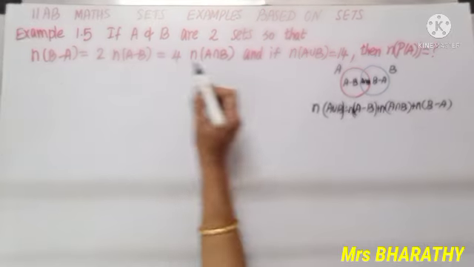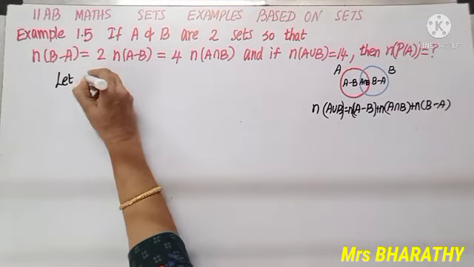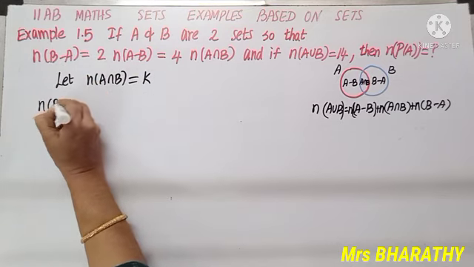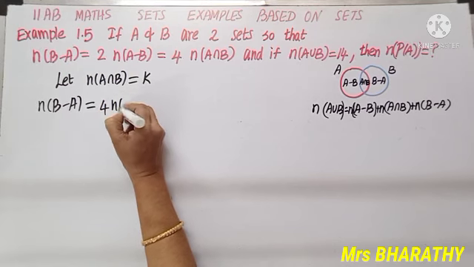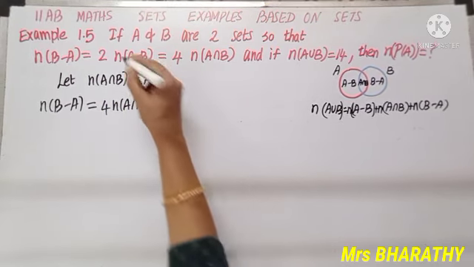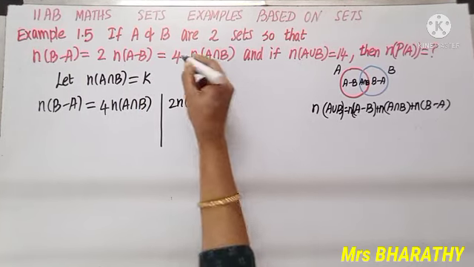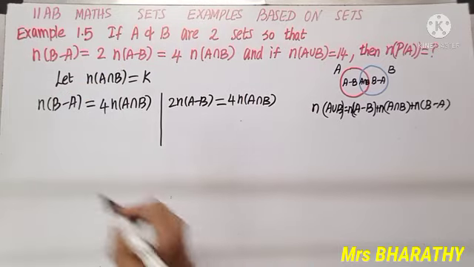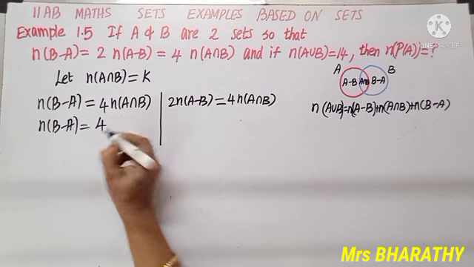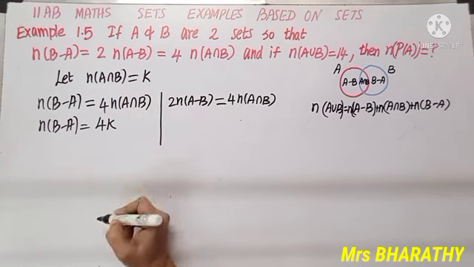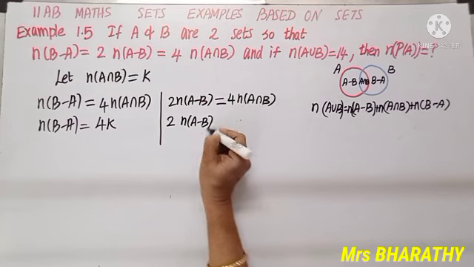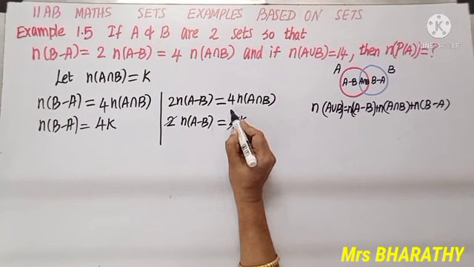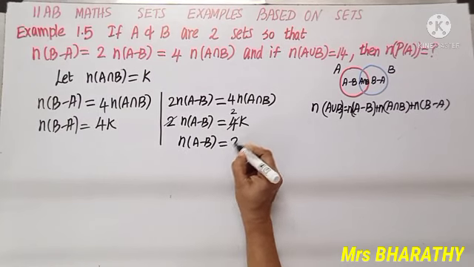So, let me take K. Let n of A intersection B equal K. Combining these two, n of B minus A equals 4 times n of A intersection B, whereas 2 times n of A minus B equals 4 times n of A intersection B. So, I am comparing these two. n of B minus A equals 4 times n of A intersection B, that is K. Here 2 n of A minus B equals 4 times n of A intersection B, which is K. Cancelling the 2 here, I get n of A minus B equals 2K.